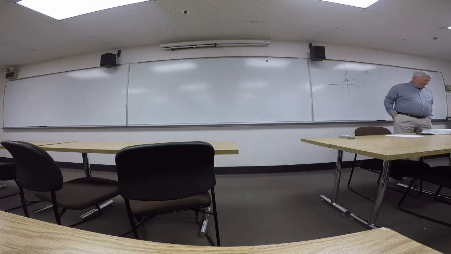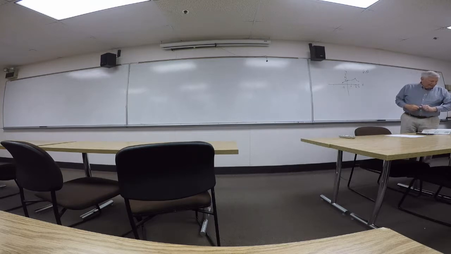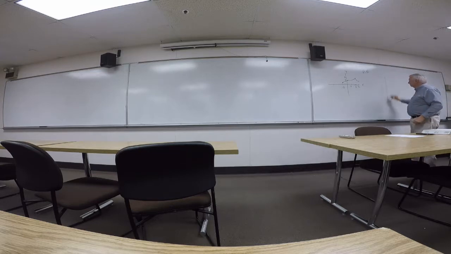Number 10. Again, they draw me a picture. And the picture, again, goes from -1 to +3. It starts at -1 and swings down as looks like a quarter arc to an open point.